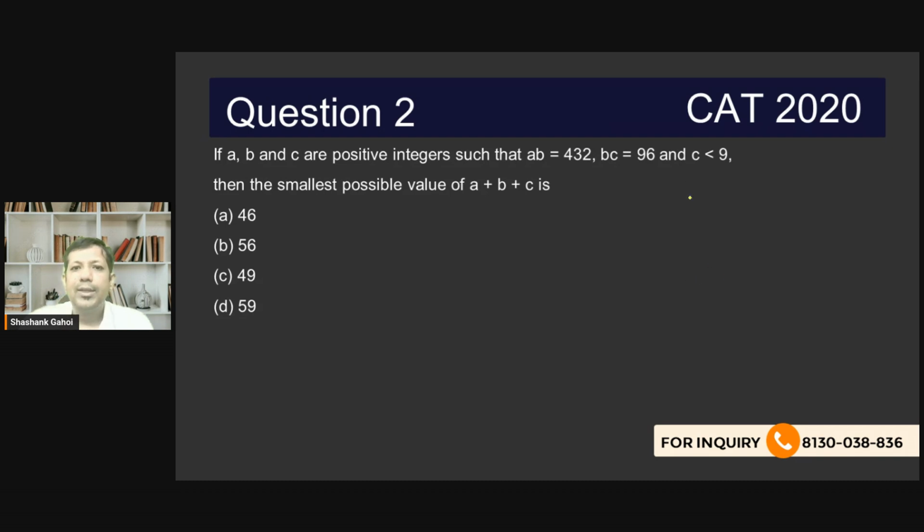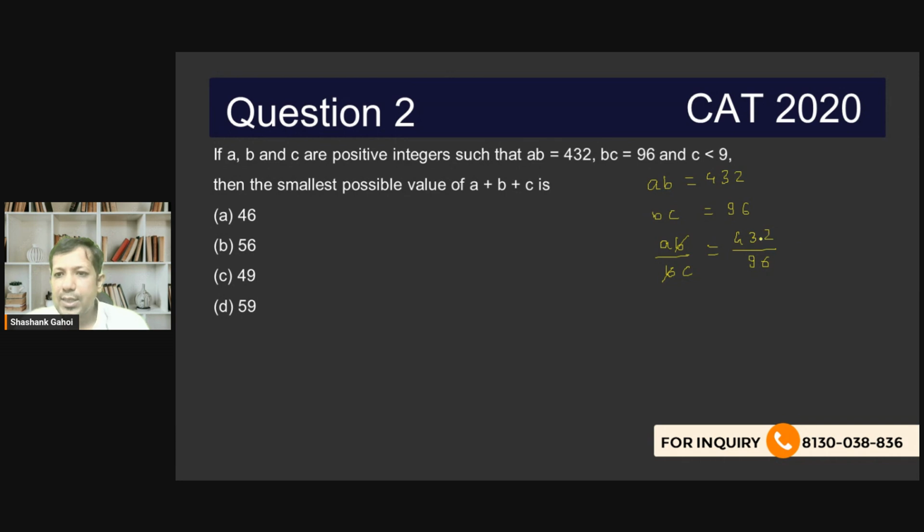First of all, it says AB is equal to 432 and BC is equal to 96. I'm just dividing both. So AB upon BC is equal to 432 upon 96. B and B cancel out.